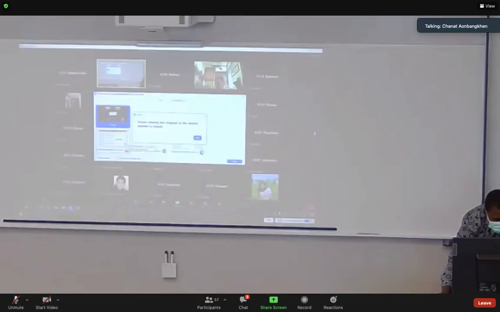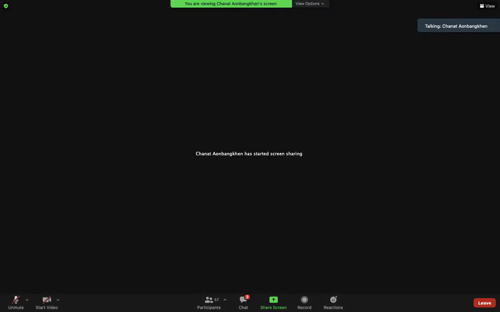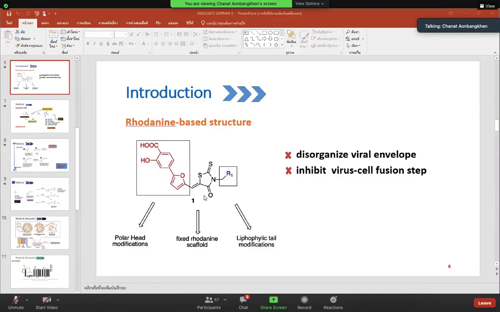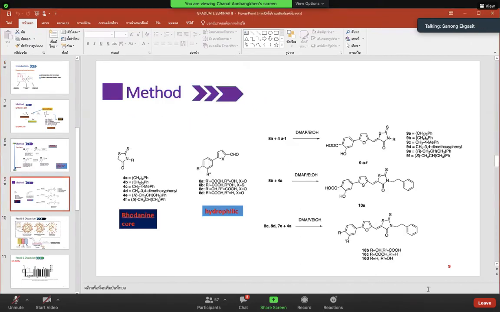And what objective do you want, or what happens if you modify the polar head and lipophilic tail? What do you expect? When you modify into several compounds, I couldn't match the previous slide and the slide with many derivatives. Yes, the derivatives are being synthesized to have different compounds to choose from.